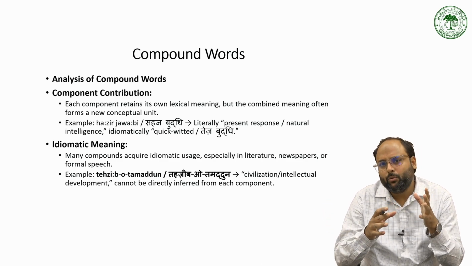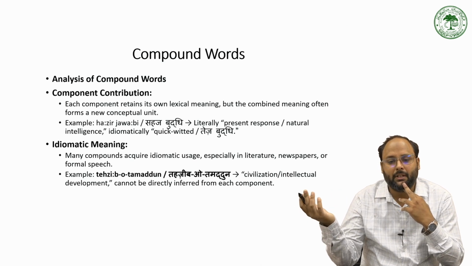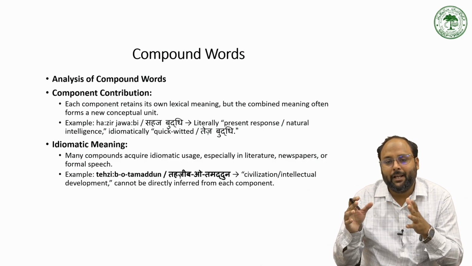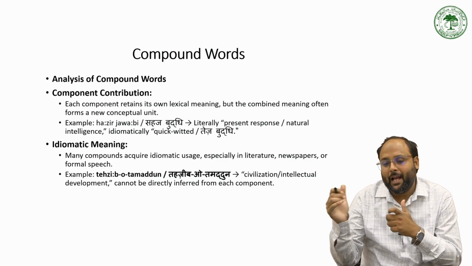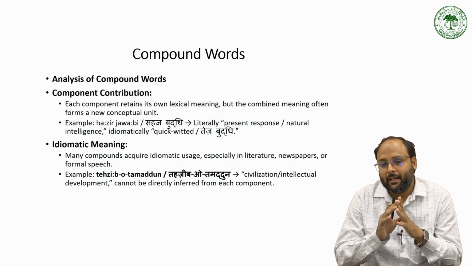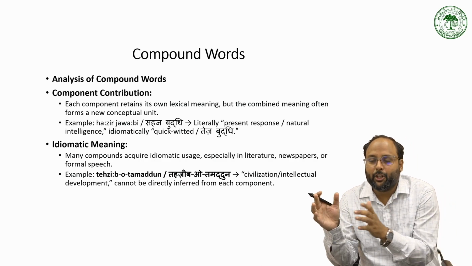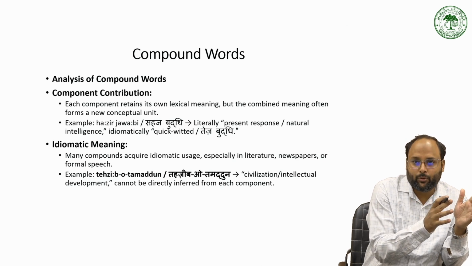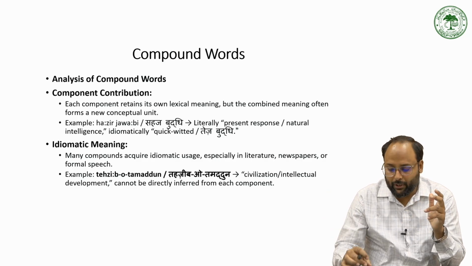But when you use the two words together, Tehzeebo Tamaddun, it gives a different meaning, like civilization or intellectual development. Both meanings can be understood from the context in which it is used. So we can say that in compounding we can create a different meaning from two free morphemes. Those free morphemes have their own meaning, but when you create the new word by compounding, it gives a totally new meaning.